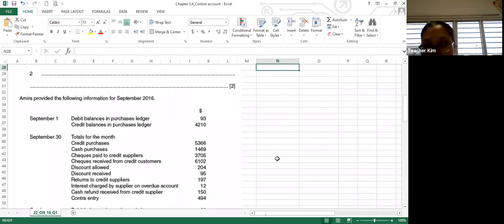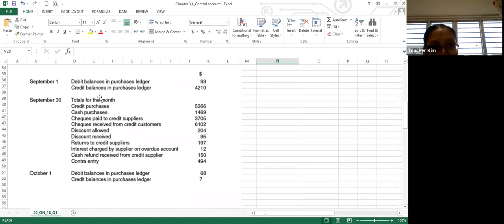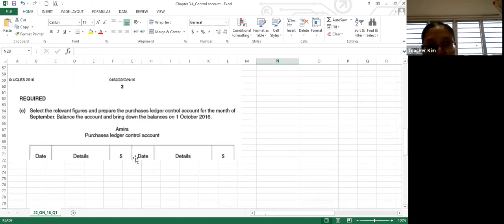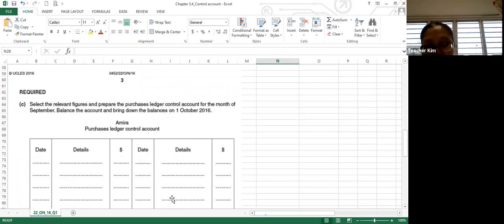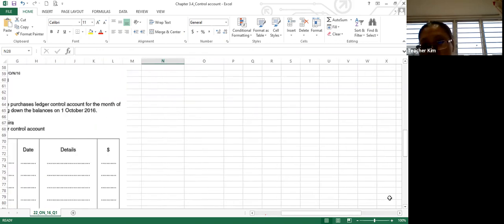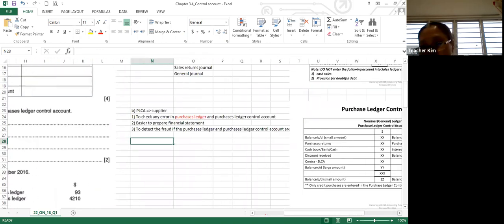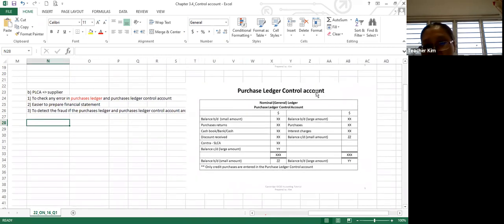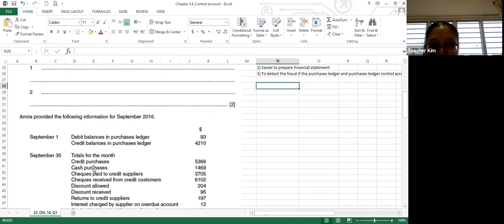Now next, here we have debit purchases, credit purchases ledger, and some of the information is irrelevant to our preparation. They ask for the purchases ledger control account. In the slide that I shared just now, some of the information is not relevant, and they try to confuse us with all of these items.